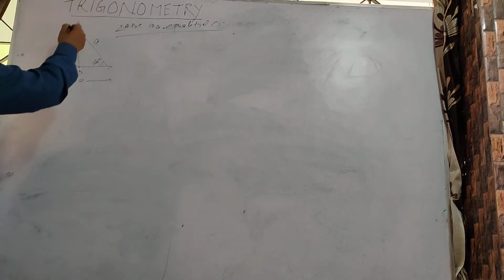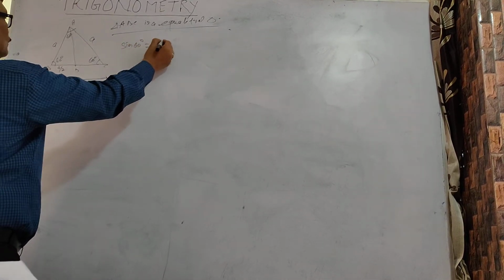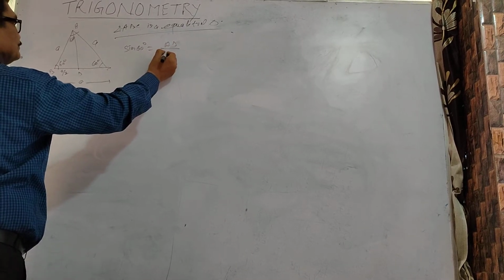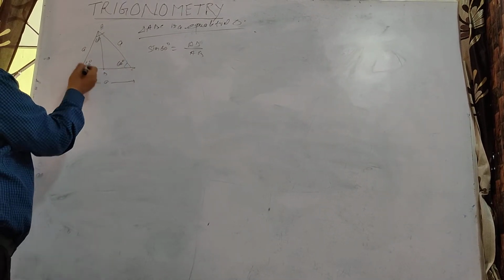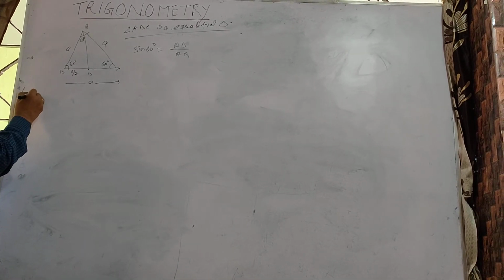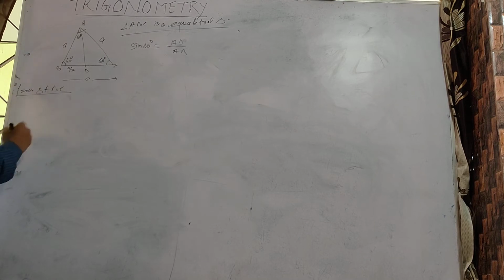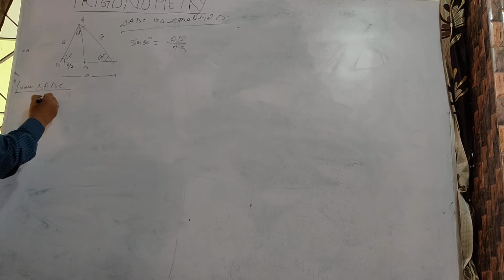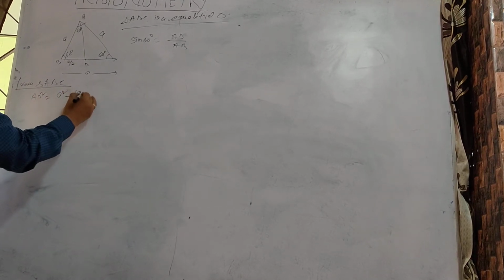So here we can write sine 60 degree is equal to AD upon A. If this is A and this is A by 2, then from triangle ABD, AD square is equal to A square minus (A by 2) square.